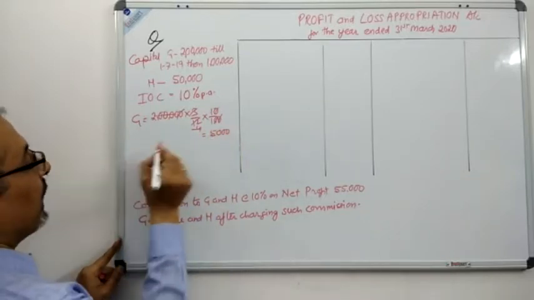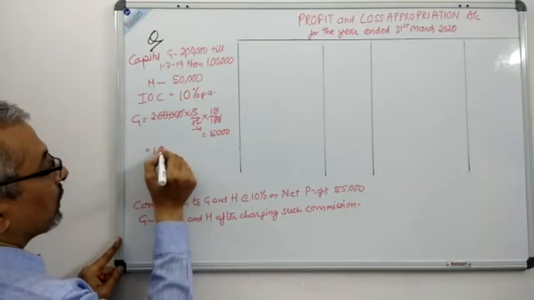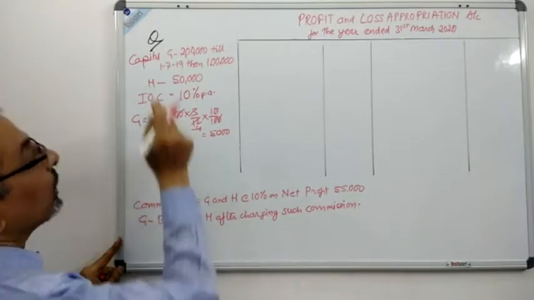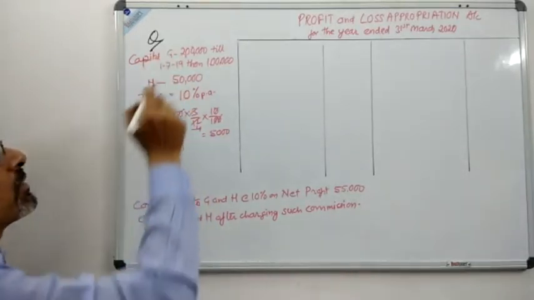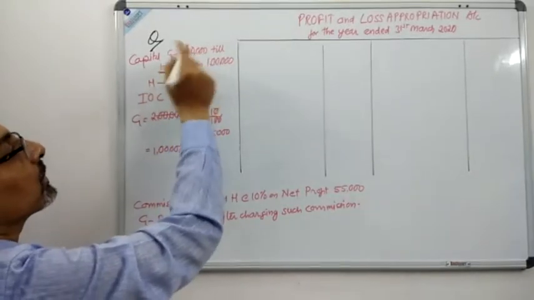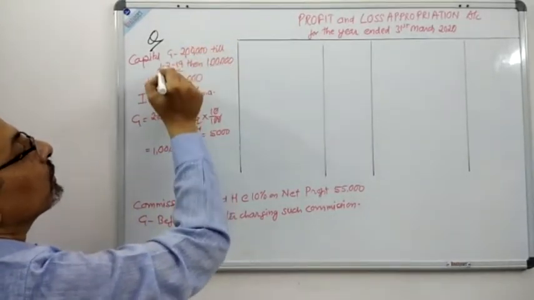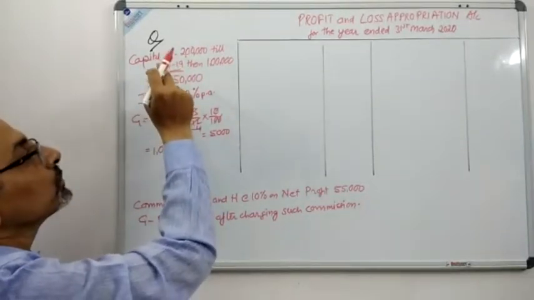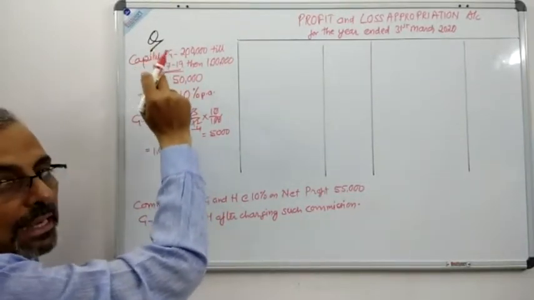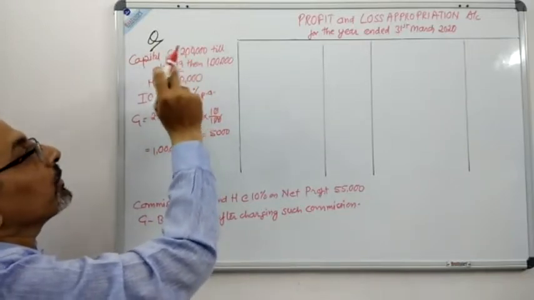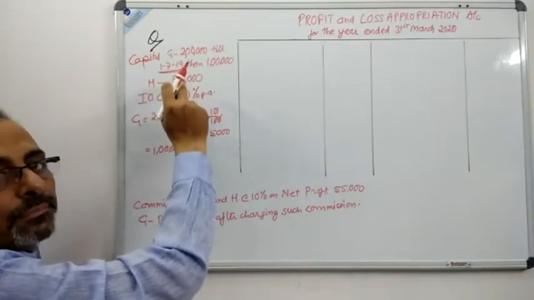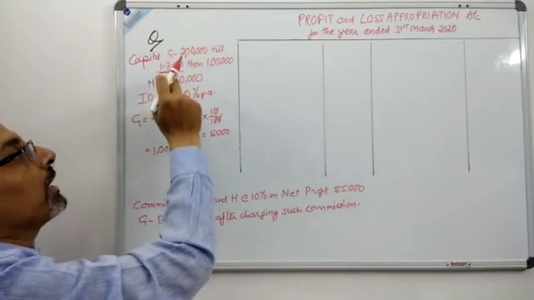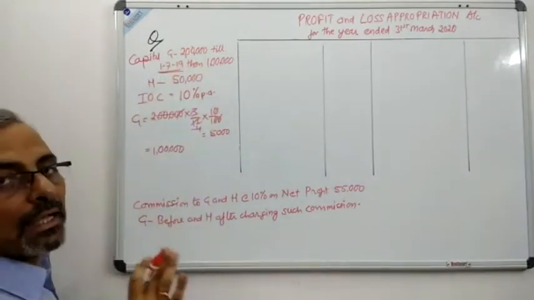And next we have 1 lakh. Why 1 lakh? Because 1 lakh has been withdrawn. See over here, 2 lakh till 1st of July 2019, and thereafter 1 lakh.